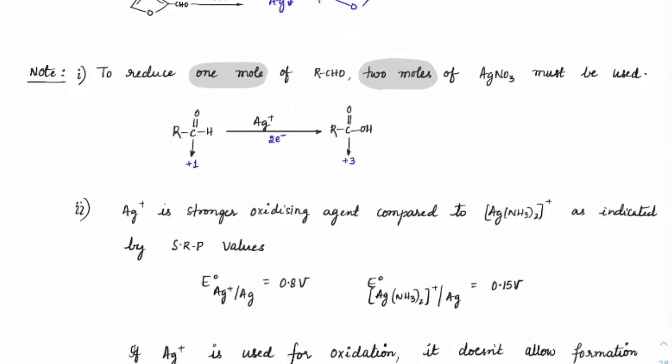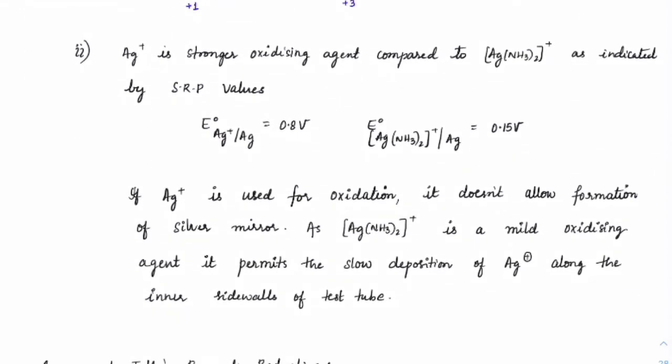Now if you observe Ag plus changing to Ag, and this ammoniacal silver complex changing to Ag, the reduction potentials are around 0.8 and 0.15, which means silver ion has much stronger oxidizing power. So why can't we just simply use Ag plus?